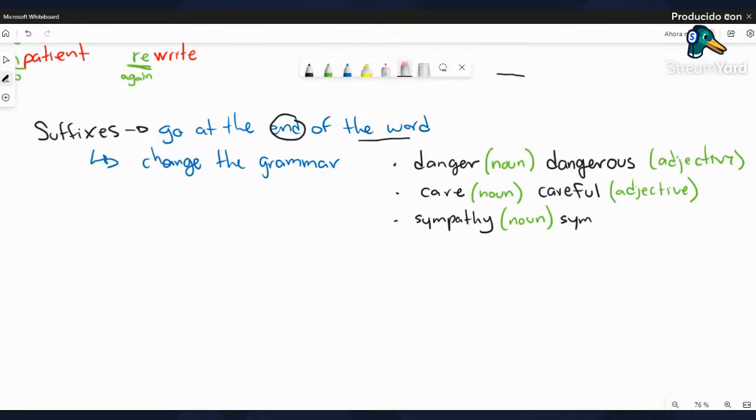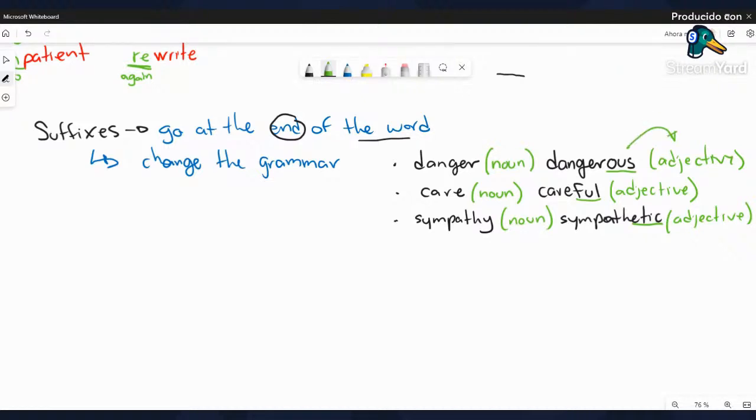If you want to write something, comments, you are welcome to do that. So, sympathetic. There you go. A person that is sympathetic. You see? So now I'm using sympathy and adding a suffix, the suffix etic, like ful or ous, to make it an adjective. That is the main function of it.